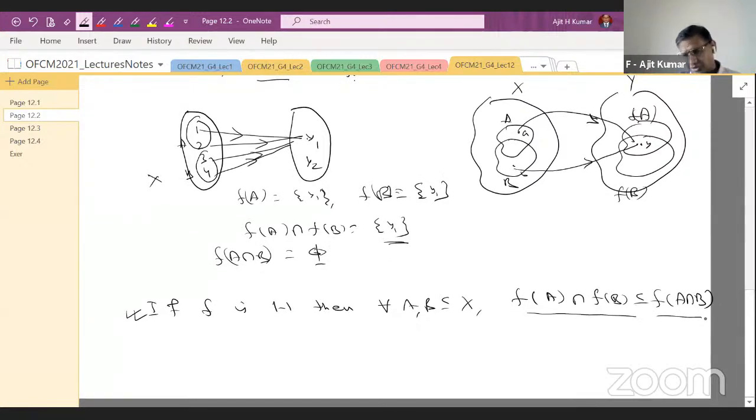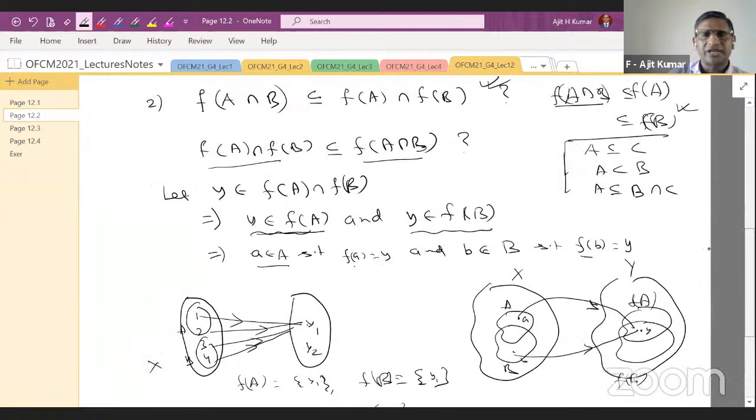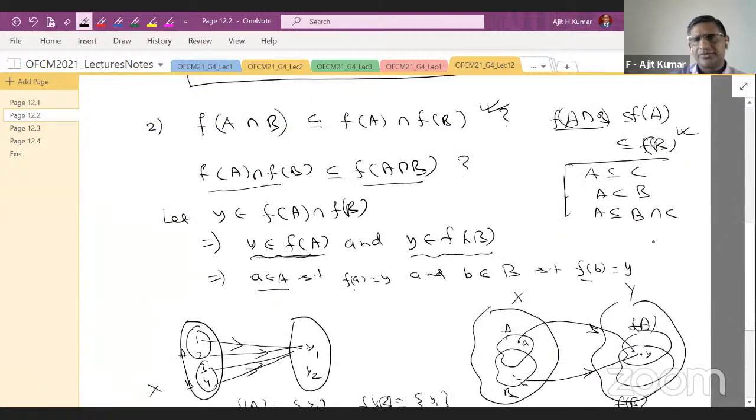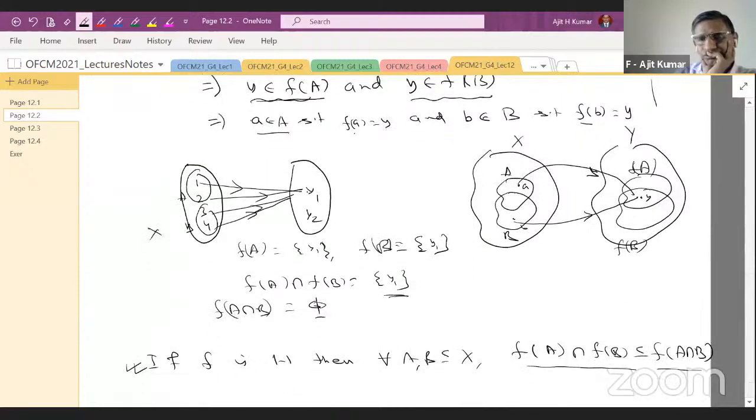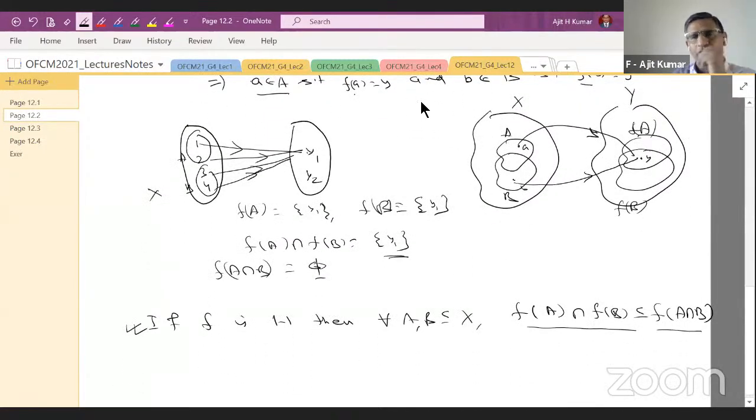Just go through this argument. I'll give you maybe 20 seconds. Just go through the argument we already have here: if f is 1-1, then f of A intersection f of B is a subset of f of A intersection B. In case you complete the proof, you can click yes.